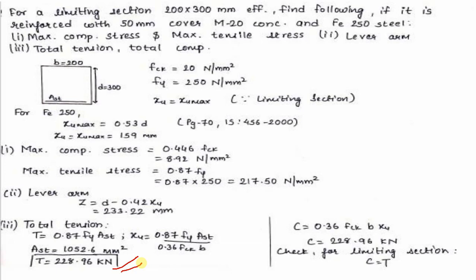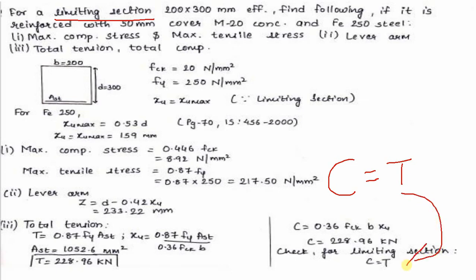And then we need to find total compression, and for compression the equation is 0.36 FCK B XU. We have all the data, so substituting it here, the value of C becomes 228.96 kilonewton. As this is a limiting section, that is a balanced section, C will always be equal to T, that is compression force will always be equal to tension force.